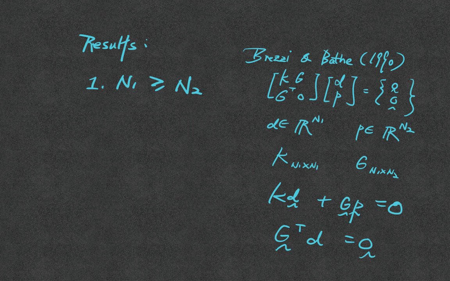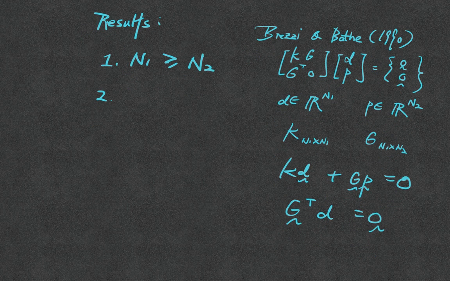And then the second one is the important property of G. Okay, so what we want is that if Gp is equal to 0, then we want p to be 0. We want Gp equal to 0 to imply that p equals 0, okay?